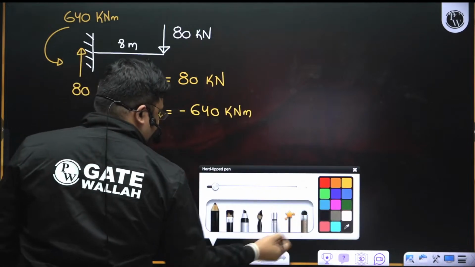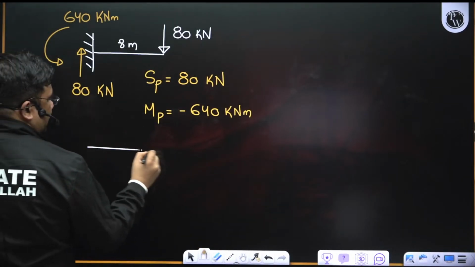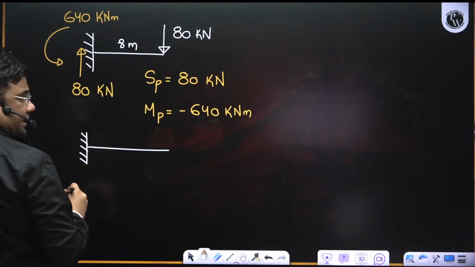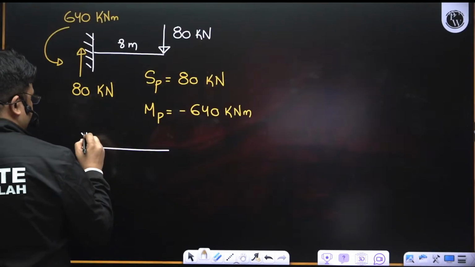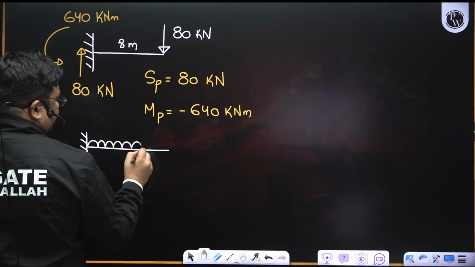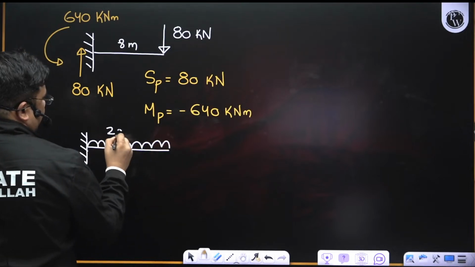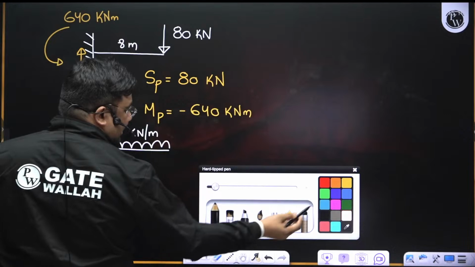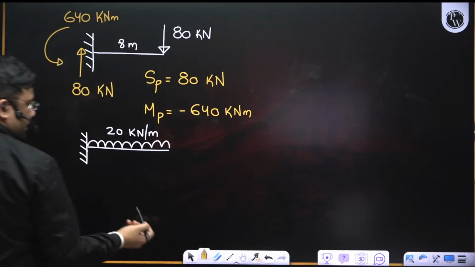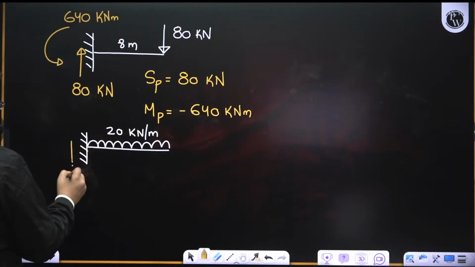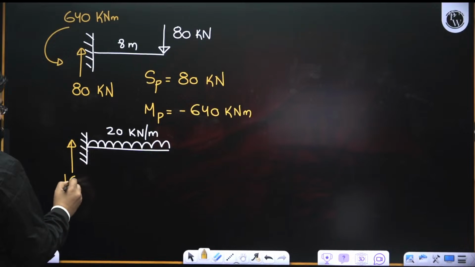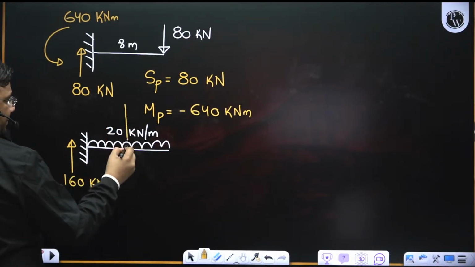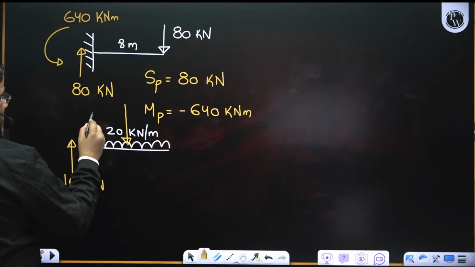Then for the second one, there is a UDL acting, 20 kilonewton per meter, right? So the net load will be 20 kilonewton per meter into 8. So net load will be how much? 160. So here 160 will be acting at a distance of how much? 4 meters.